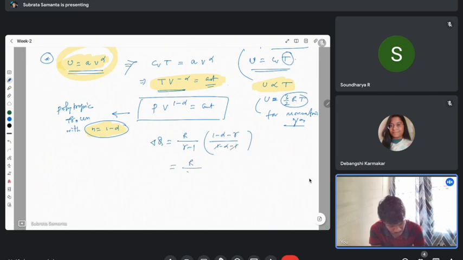Right. So this is the expression of the delta Q.